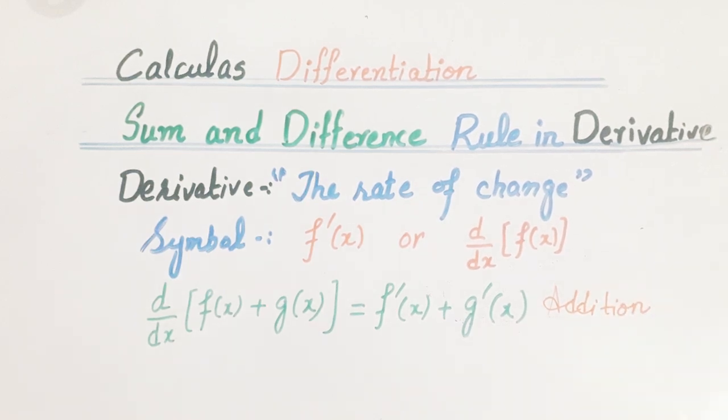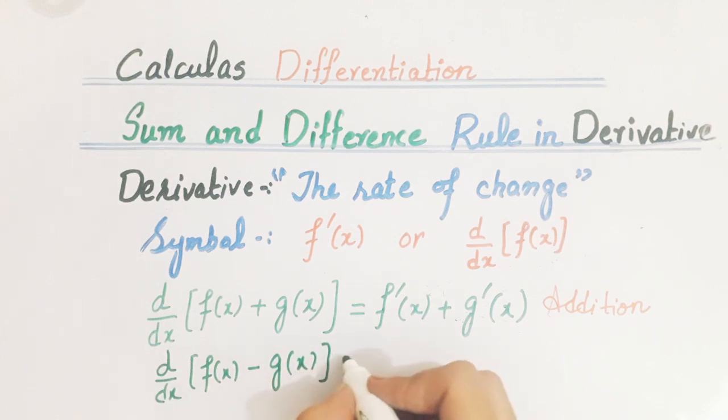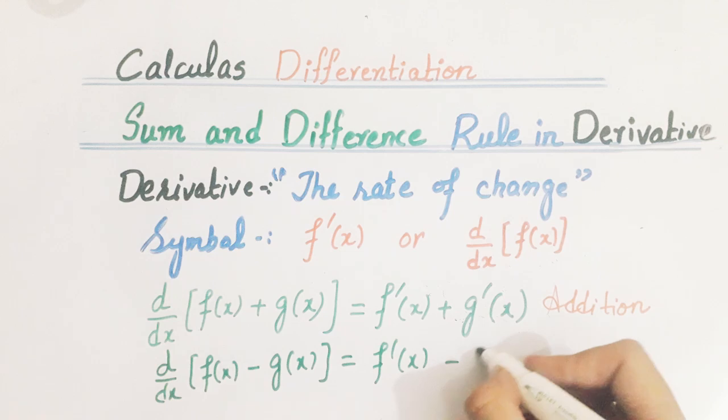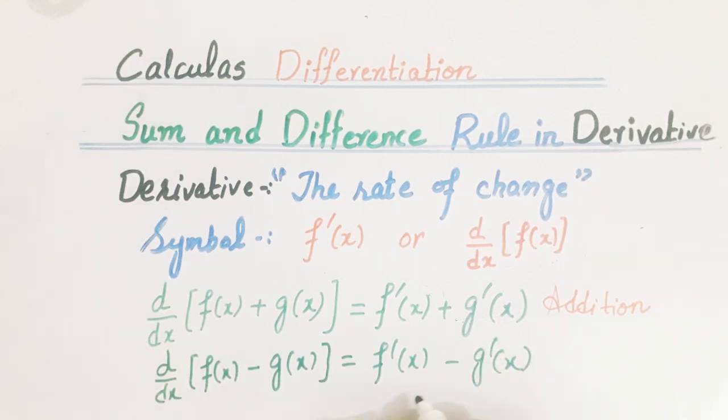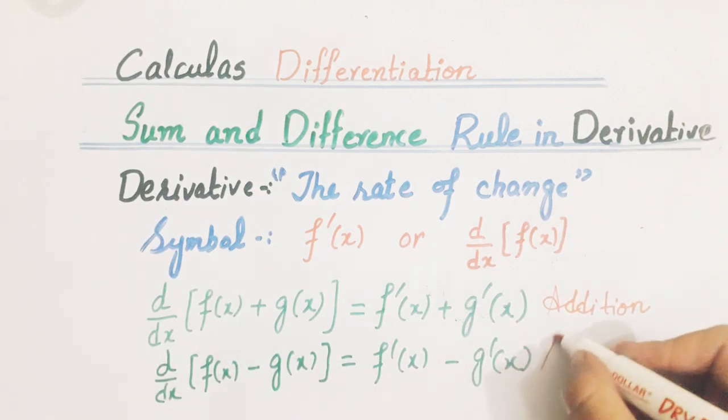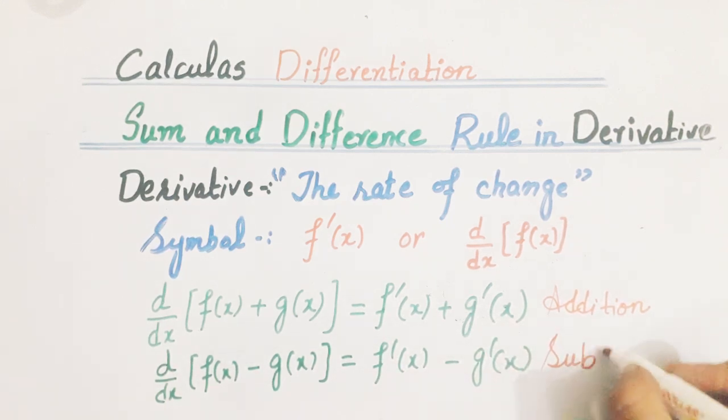And the other rule is d by dx of f of x minus g of x. This will be equal to f dash of x minus g dash of x. It means you will differentiate the first function, then the second function. So this is the rule for subtraction or difference.